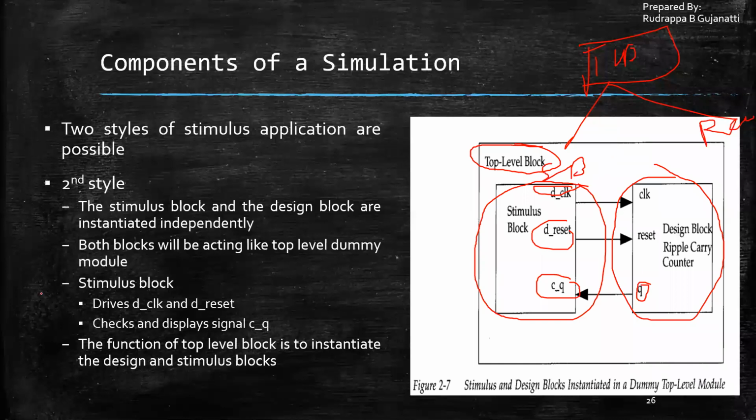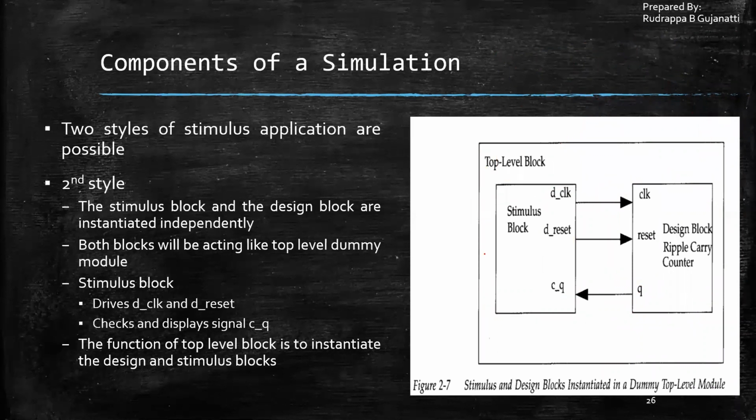This total thing turns out to be a top level block. So the function of the top level block is to instantiate. It just creates instances of the stimulus block and the design block.